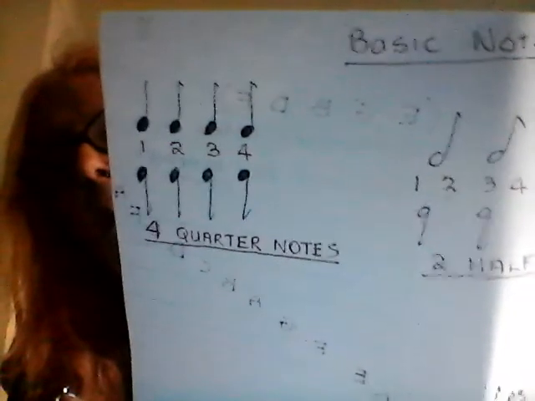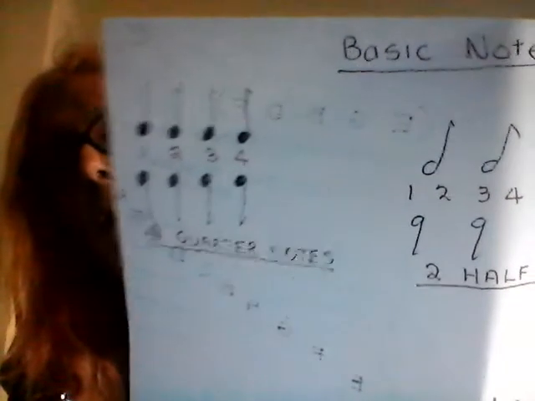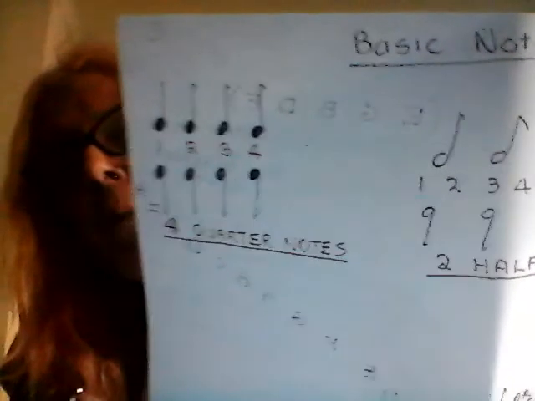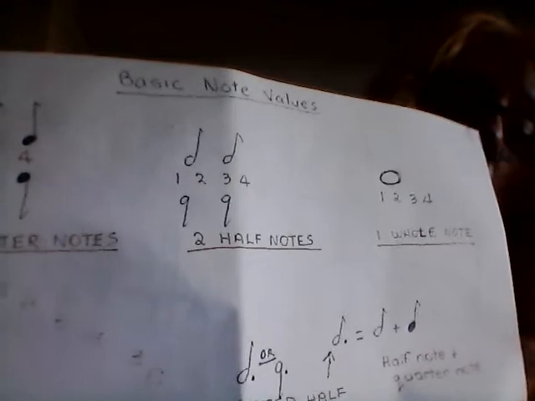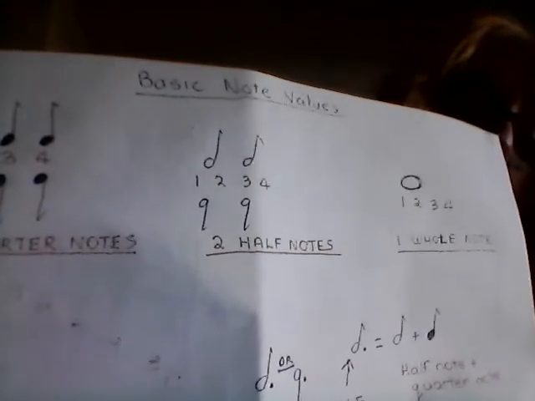Now, these are basic note values. These over here are called 4 quarter notes, so each note is 1, 2, 3, 4. Then over here you might see a note that's not been coloured in.